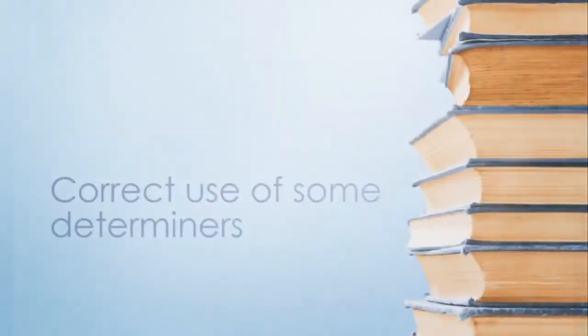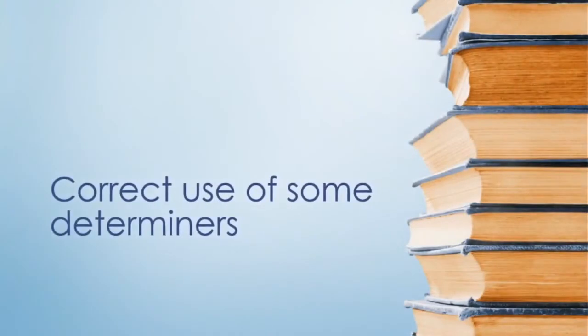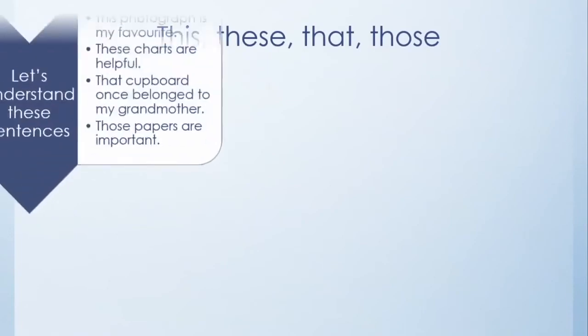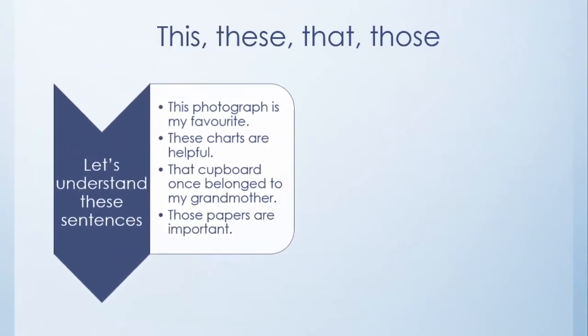In this video, we will learn the correct use of some determiners. This, these, that, those are demonstratives. Let's understand them with the help of these sentences. This photograph is my favorite. These charts are helpful. Determiners this and these are referring to objects which are close by, near you.